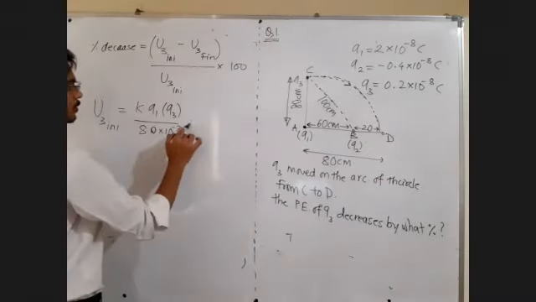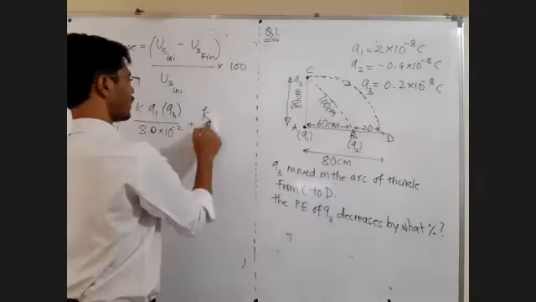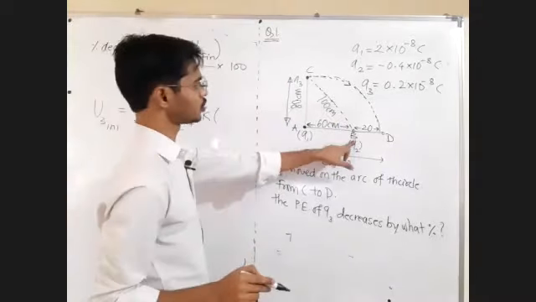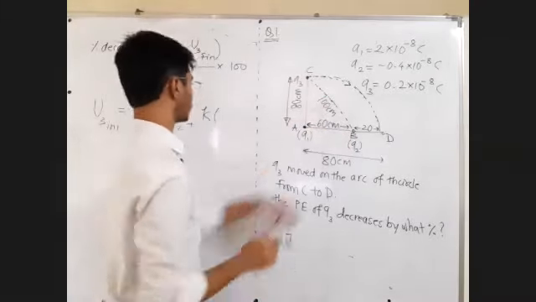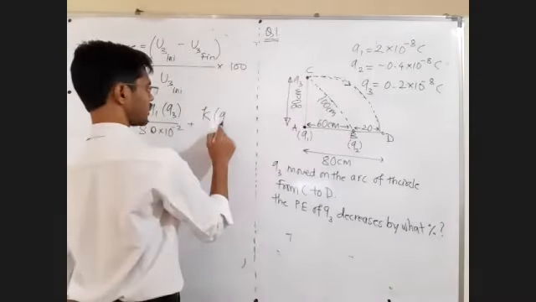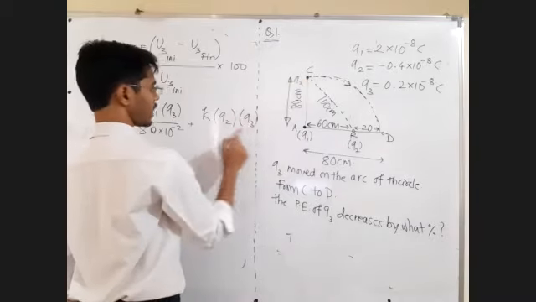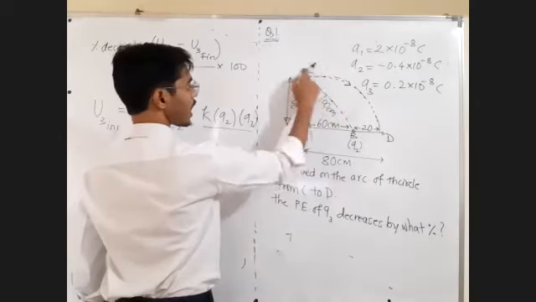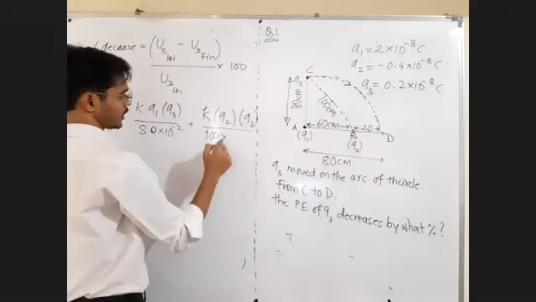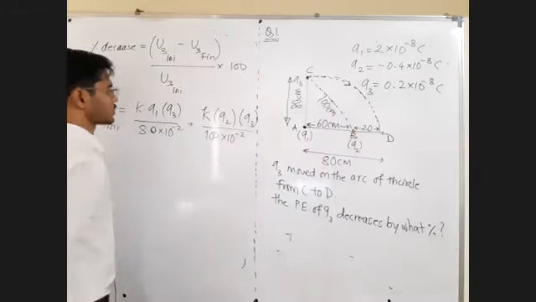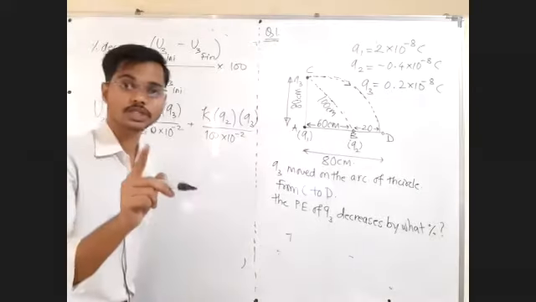Plus Q3 in the field of B: K Q3 Q2 upon R32, or Q2 Q3 upon R23. Q2 and Q3 values are already given. That distance is 100 centimeter, so 100 into 10 raised to minus 2. Fine. So this is going to be the initial energy of the third charge.